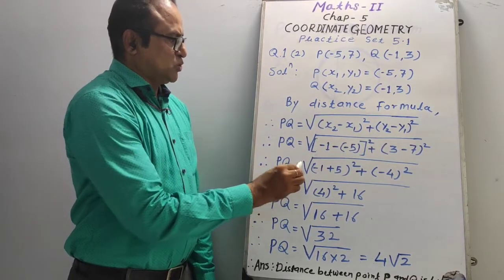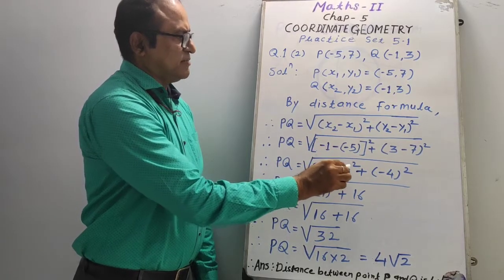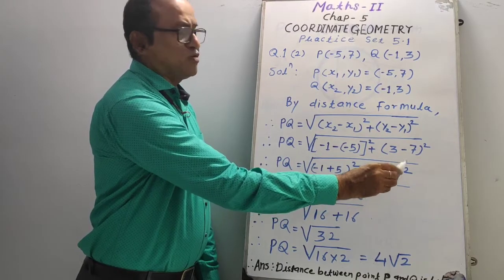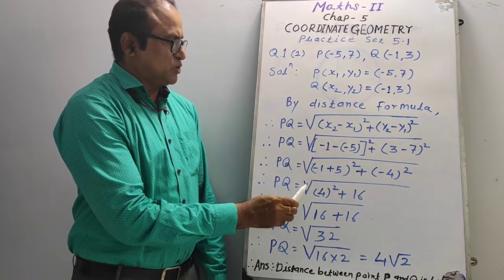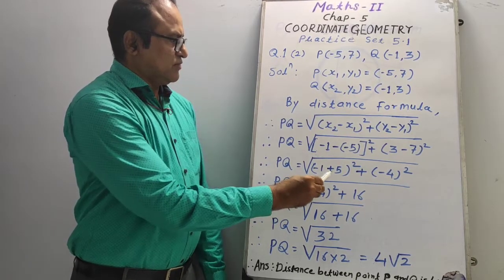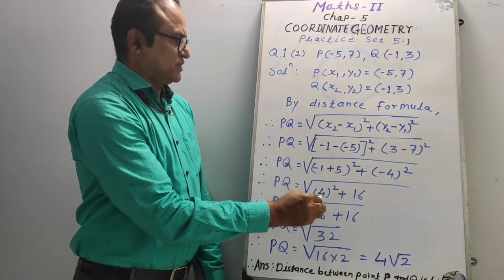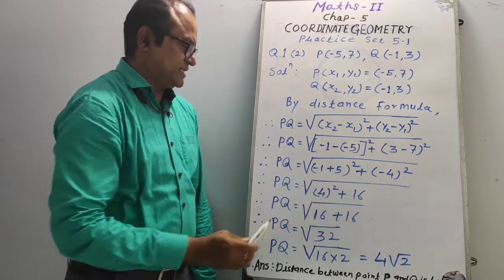Therefore PQ is equal to root of (-1 plus 5) square plus (7 minus 3, that is -4) square. Therefore PQ is equal to root of 4 square is 16, and (-4) square is 16.